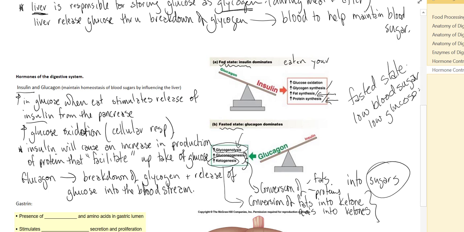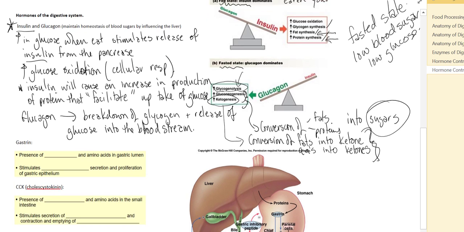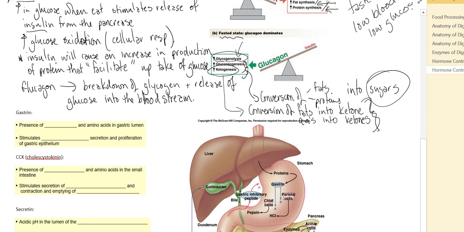And so ketogenesis is the process of breaking these fats and amino acids into other non-sugar compounds referred to as ketones, just another organic molecule that the body can metabolize for energy. All right, so these are two very important hormones to understand. And if you have questions about that, make sure you bring them to class.